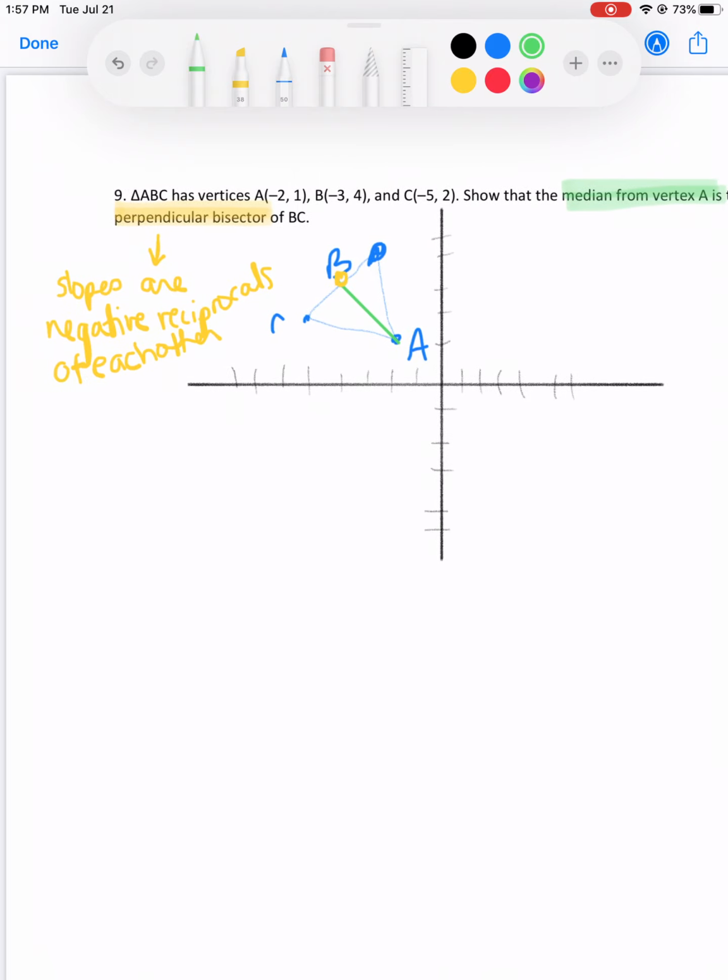Let's go back here. So this means we have to calculate the midpoint of BC. Sorry about my messy writing.